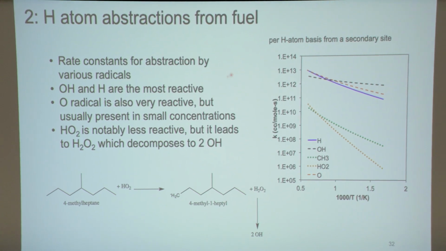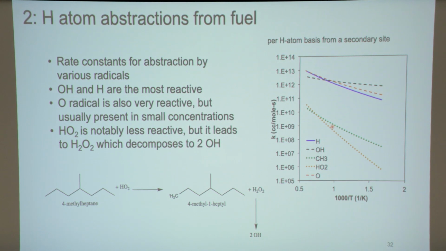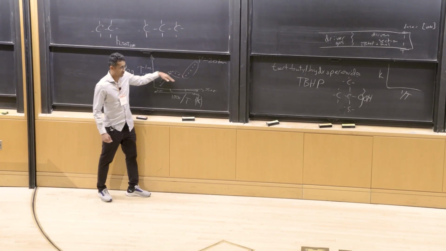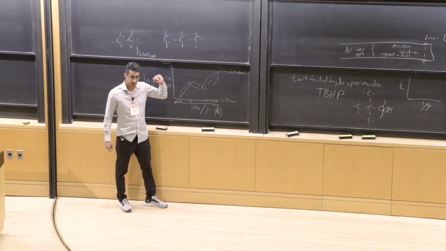Okay, so if you were to look at different types of rate constants for abstraction, I show you here OH is typically very fast. H is also very fast. Things like methyl and HO2 are slower. Does that mean they're unimportant? No. Because at different points in this temperature regime, different abstractors become important.